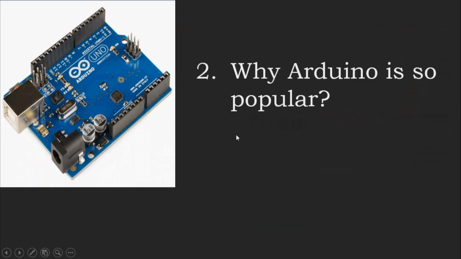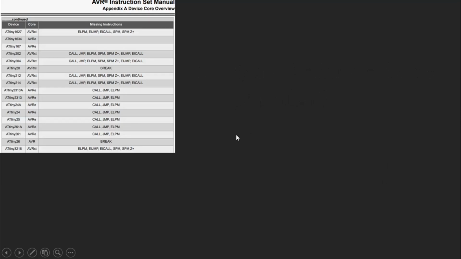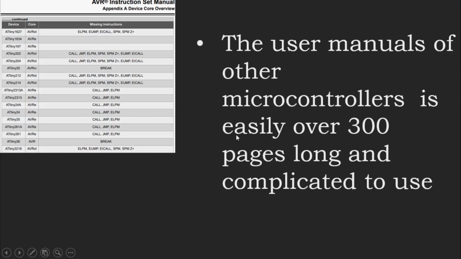So why is Arduino so popular? Well, one thing that I can think of is that the Arduino company made working with the microcontroller very easy. The Arduino uses the Microchip ATmega328, and if you compare to the work you have to do with other microcontrollers, you really have to go over pages and pages of reading instructions.